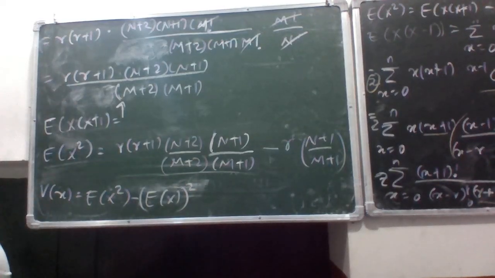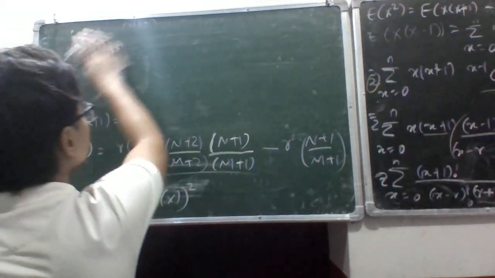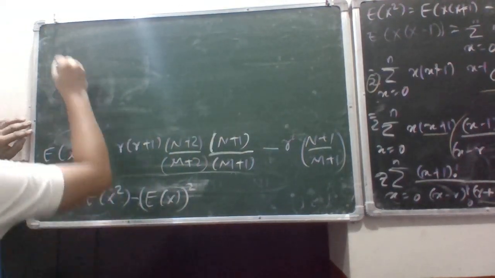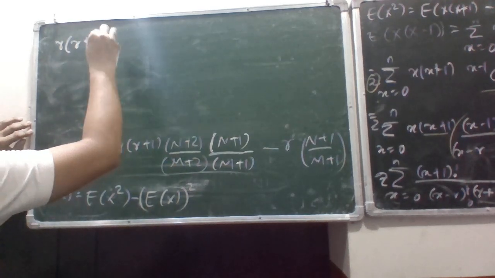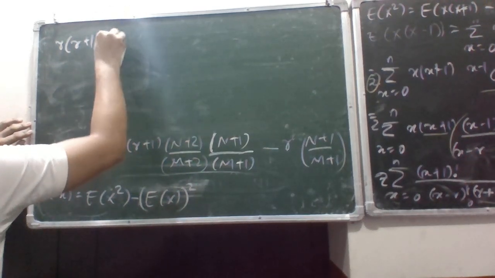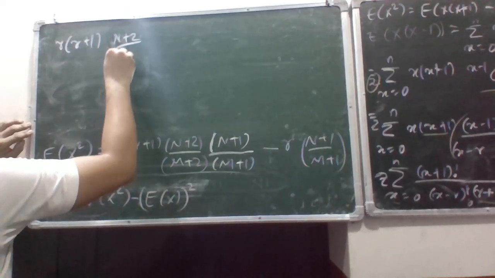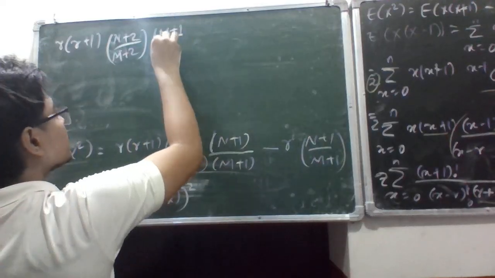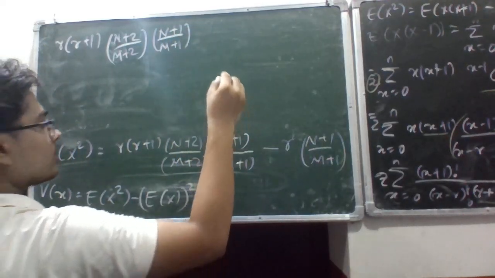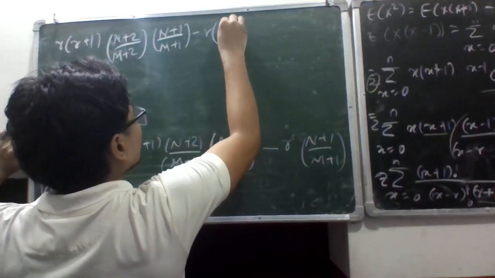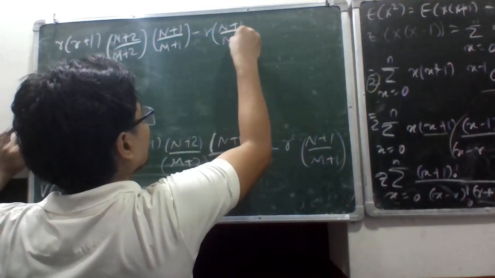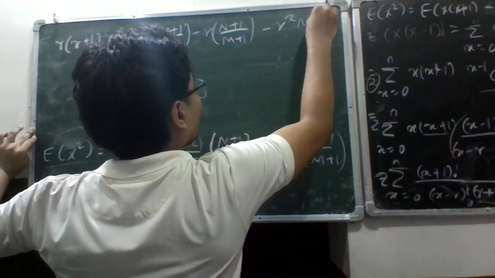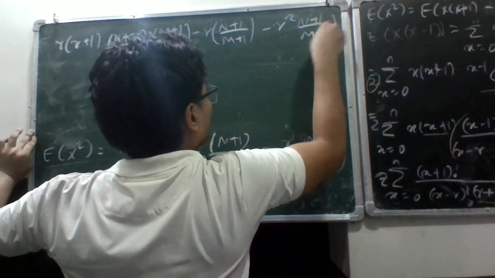So we can write it as this, r plus 1 m plus 2 by m plus 2, m plus 1 m plus 1 minus r, this minus r squared, whole squared.